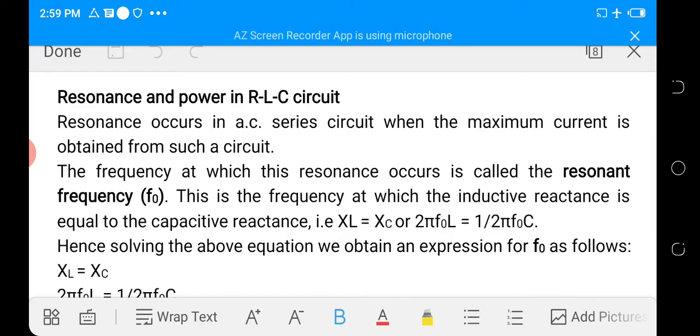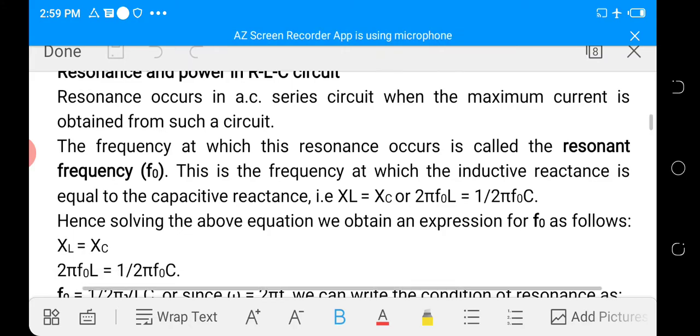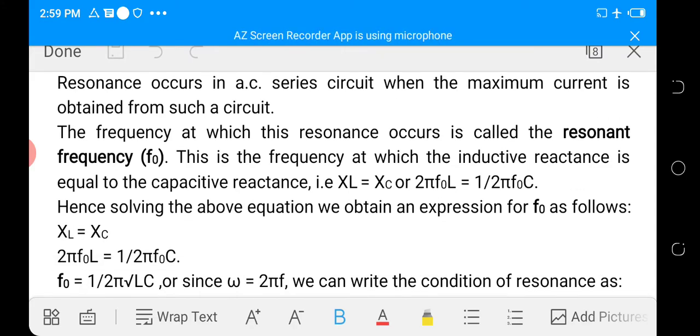Resonance will only take place in an AC circuit containing all the three connected in series when the capacitive reactance is equal to the inductive reactance, that is, when XC is equal to XL. And the frequency at which this occurs is called the resonance frequency F0.